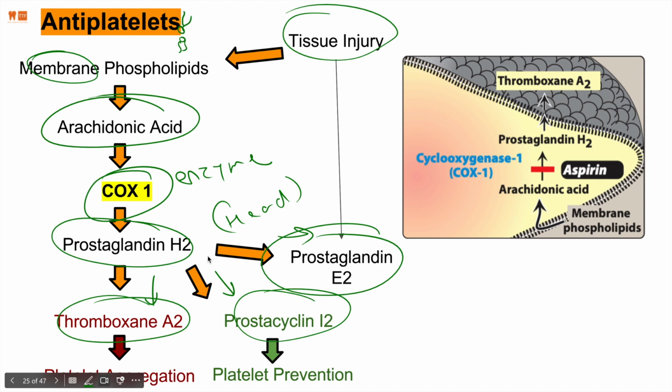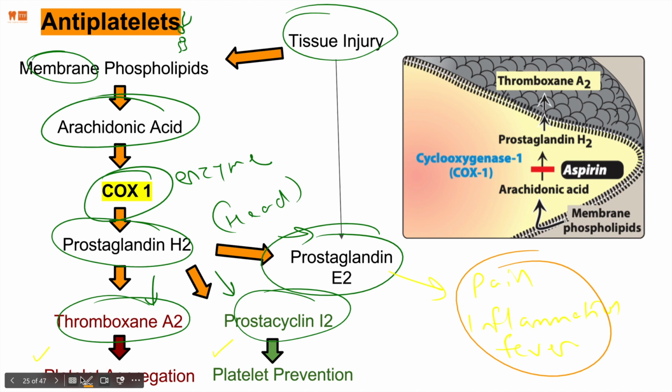This down here says platelet aggregation. Essentially, thromboxane A2 is supposed to aggregate platelets. Prostacyclin I2 prevents platelets. And prostaglandin E2 is just for pain, inflammation, and fever, so it's irrelevant in this lecture, but in the NSAIDs lecture we talk about all of this.